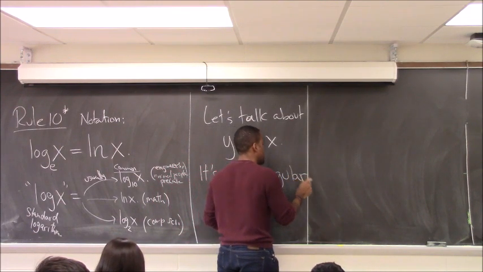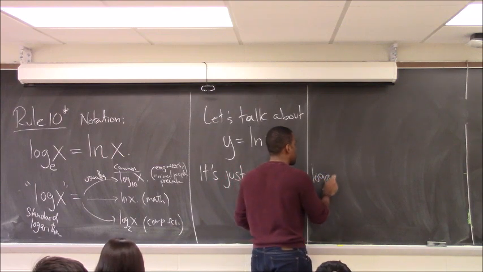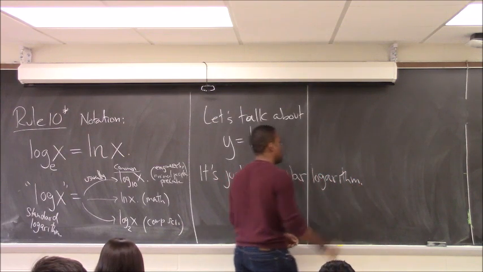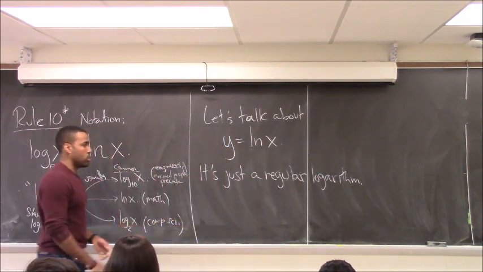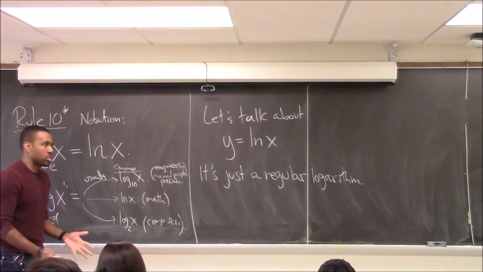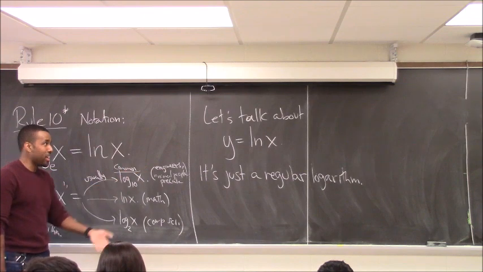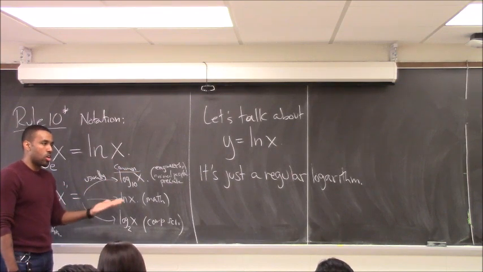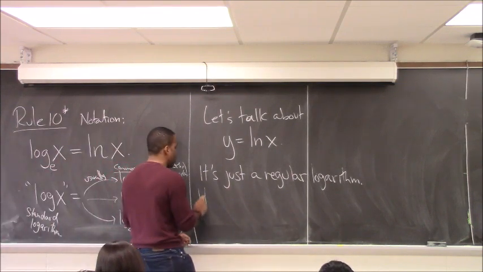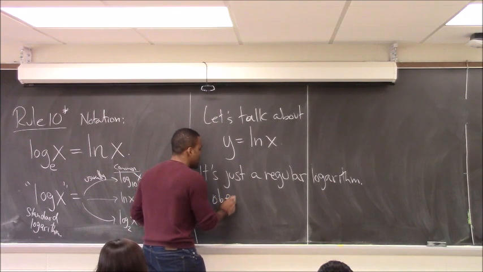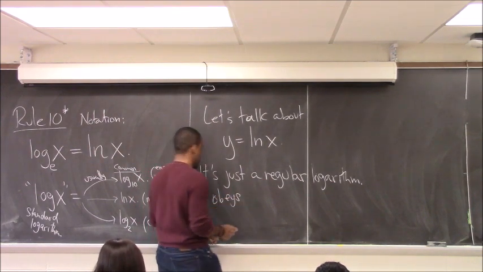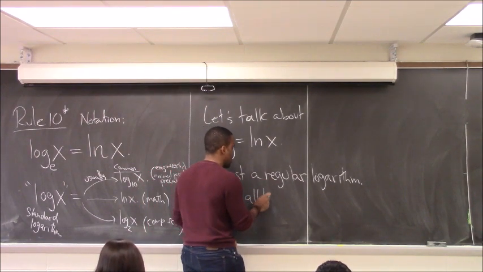Don't let the fact that there is a new notation for it trip you up. A lot of times people just get scared of a notation. Oh my god, there's a radical. We have to square stuff, right? No, don't freak out. It's just a radical. In the same way, ln x, it's just a logarithm, meaning it obeys all the log rules. So don't think that somehow it's special in that regard. It obeys all log rules.